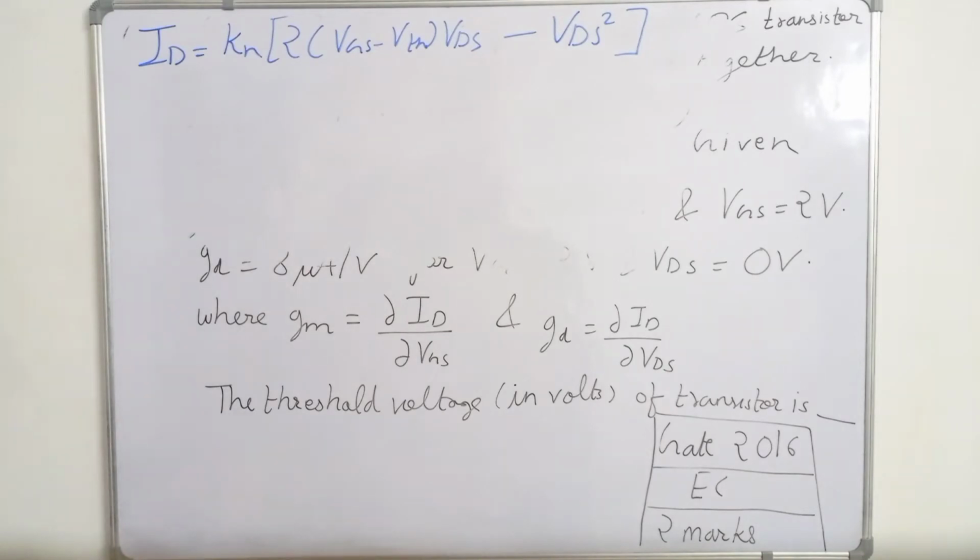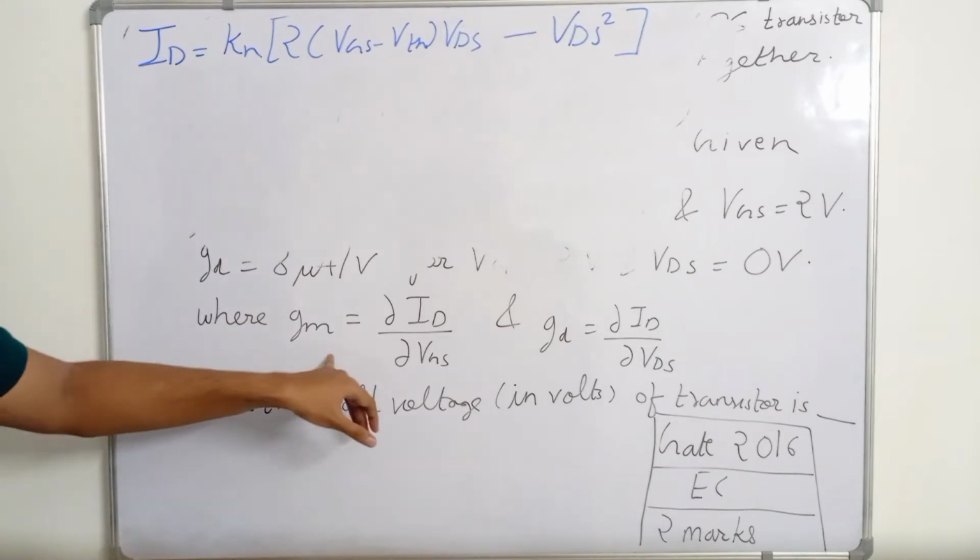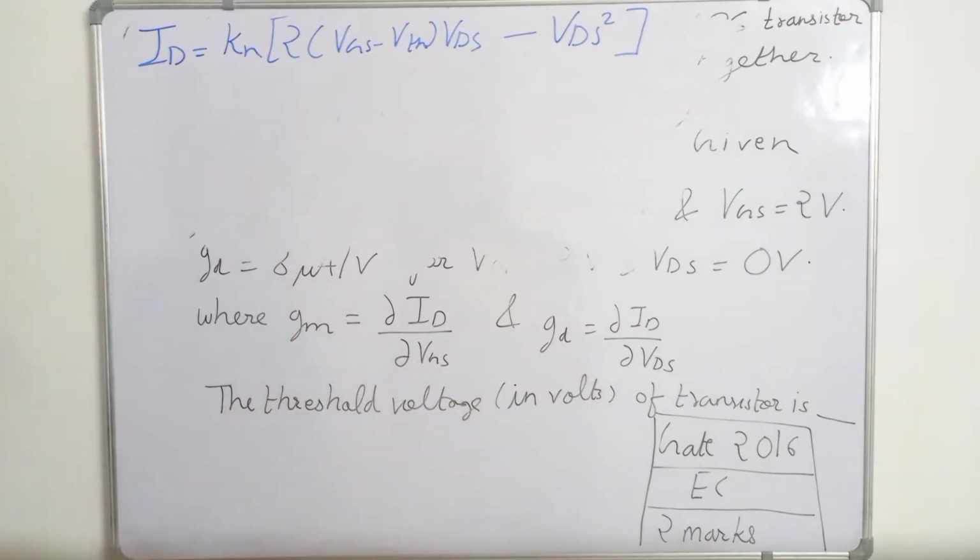We have to assume that the transistor is in the linear region because we have to find GM and GD. If we consider the saturation region, then obviously we will not be able to find GD. So we have taken the equation for MOSFET current in the linear region.